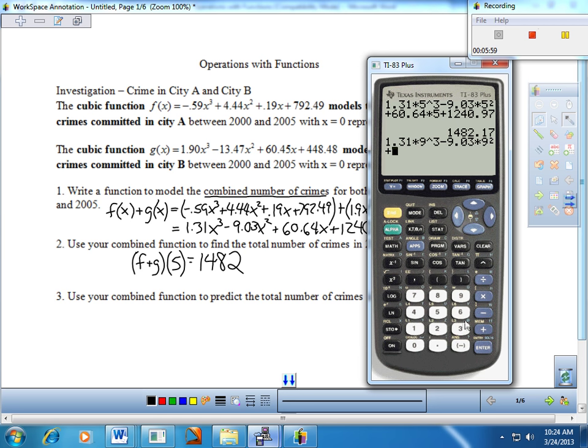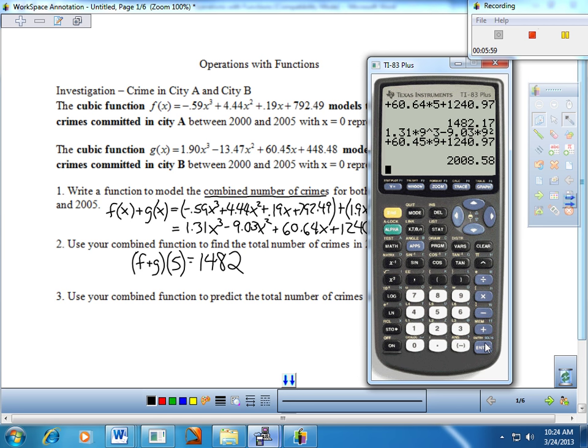I'm hoping you're typing it in with me, getting comfortable dealing with that piece. So year 9 now as opposed to year 5. And that's the idea. We combine the two functions together to create this third. And what it modeled, of course, was the total number of crimes in a particular year.